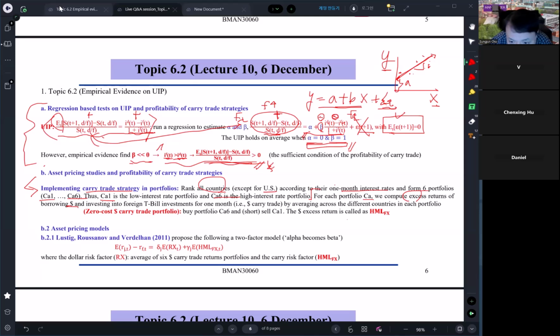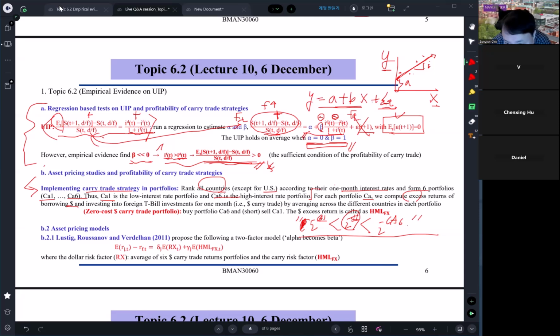In the class, I explained using this relationship. So let's say dollar interest rate is between interest rate for CA1, the 10 country with lowest interest rate, and CA6, the 10 country with highest interest rate. This is a realistic assumption. So if you have interest rate data for 60 countries, dollar is going to be in the middle for almost all the time.